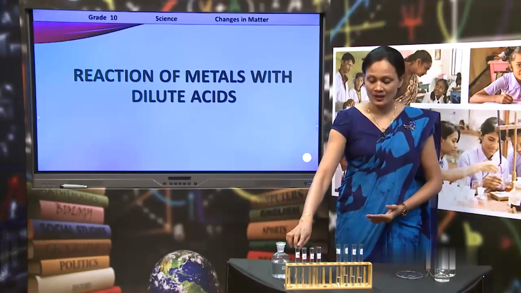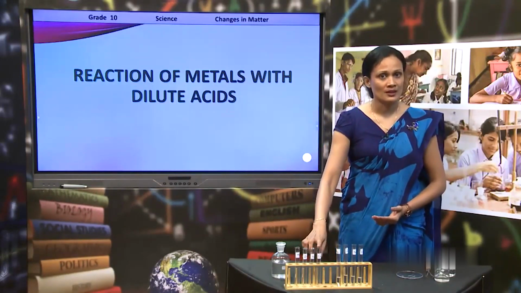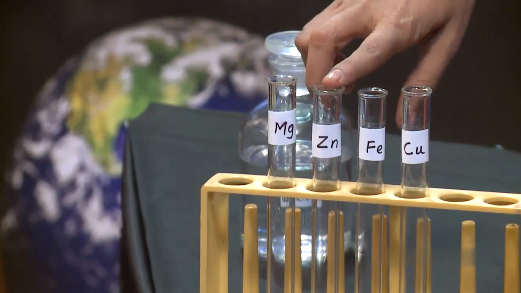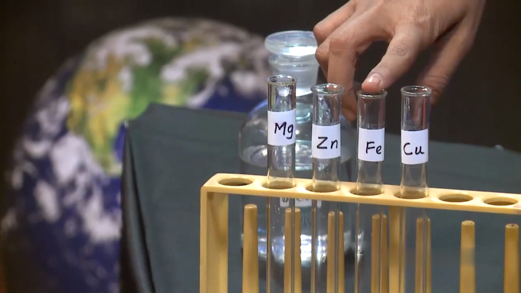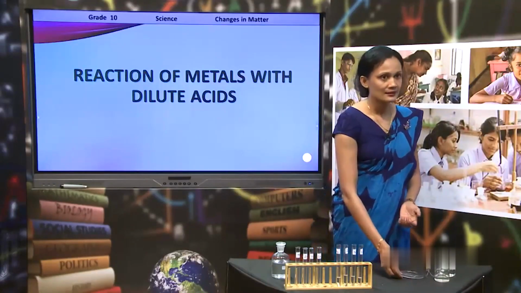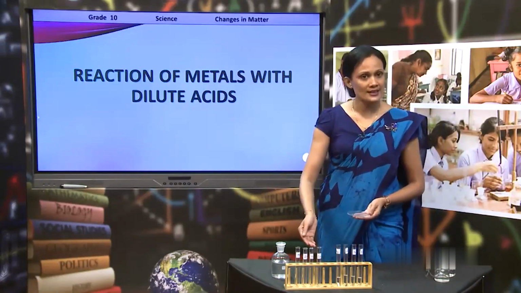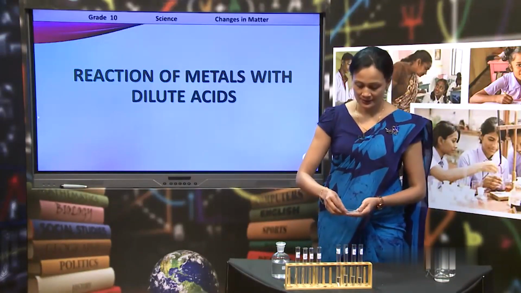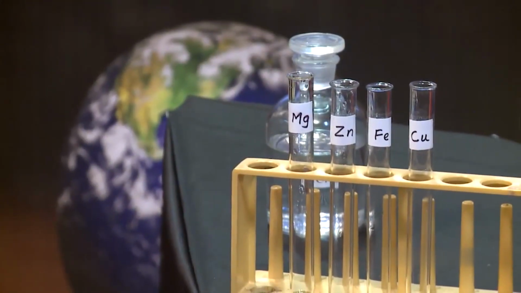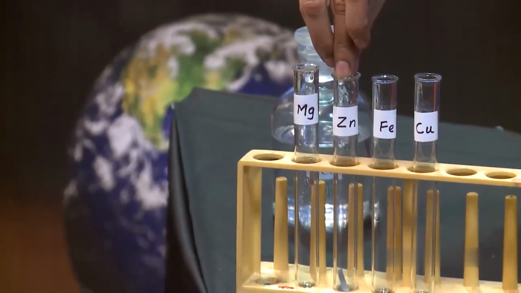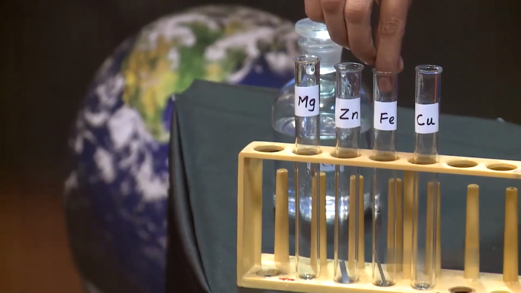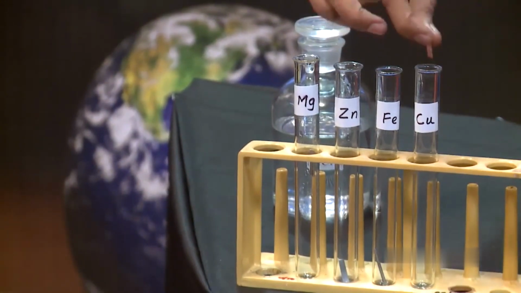Then here I got 4 test tubes labeled as magnesium, zinc, iron and copper. Now I am going to add these metals into those 4 test tubes. First, magnesium, then zinc, after that iron, finally copper.